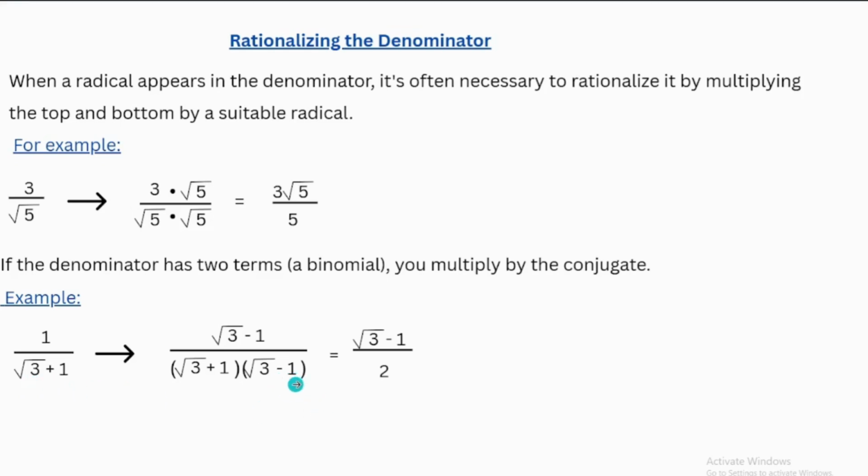We have to multiply by the conjugate in the numerator and the denominator. Multiplying these 2 conjugate numbers, we get 2, a normal number without a root, and the root will be in the numerator. And that is the simplest form.